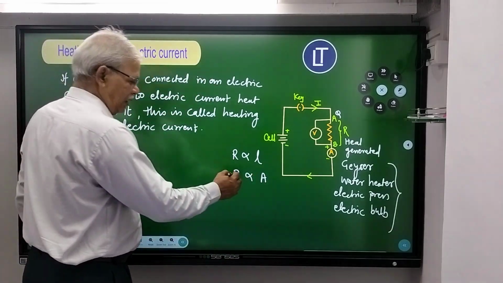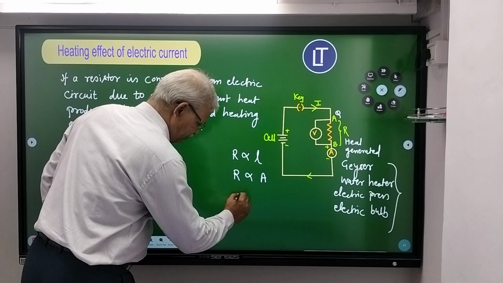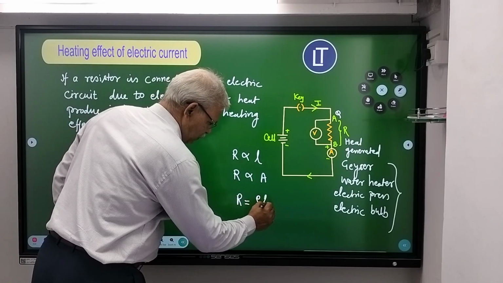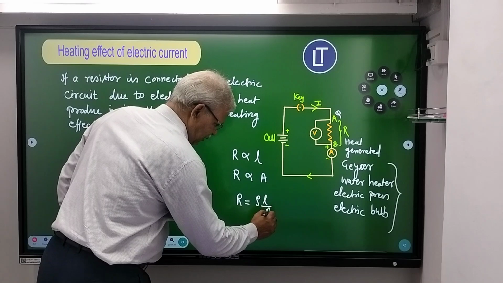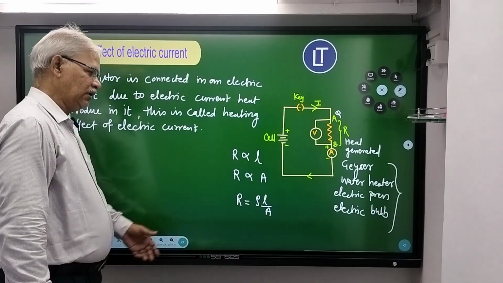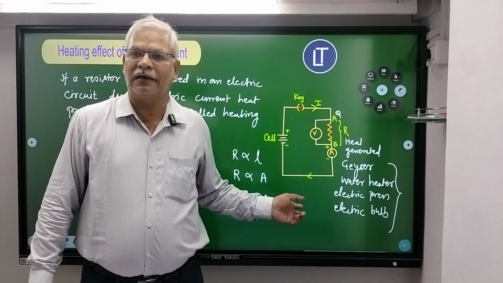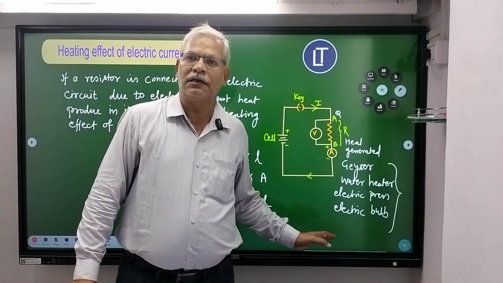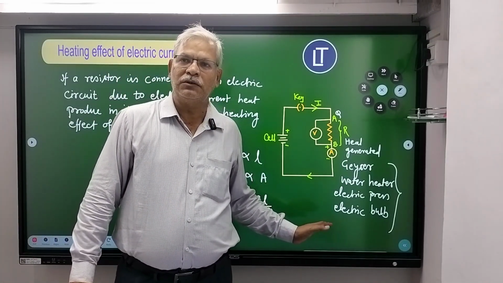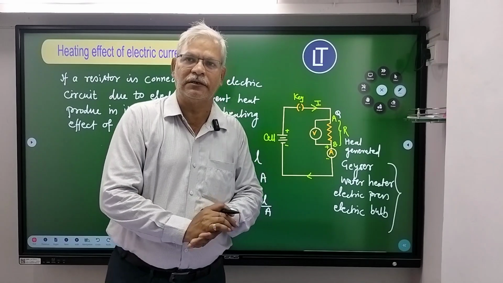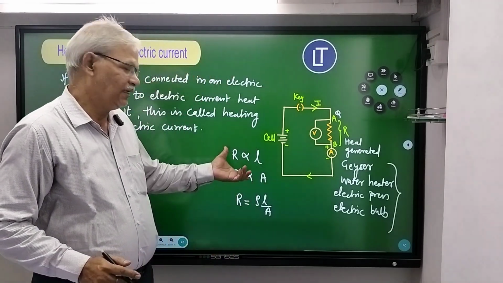After combining these two, R is equal to rho L upon A, where rho is the resistivity of the conductor, a constant for a conductor. You have learned this in the 9th standard.